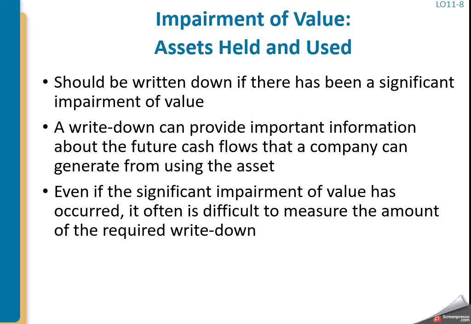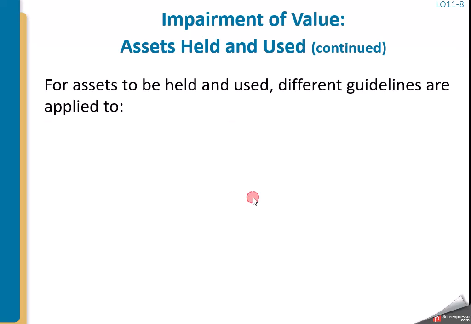If we have assets that are held and impaired, the value goes down. Whatever the reason, if they're held and used, we have to record that write down to bring them to whatever the true value of those assets is.